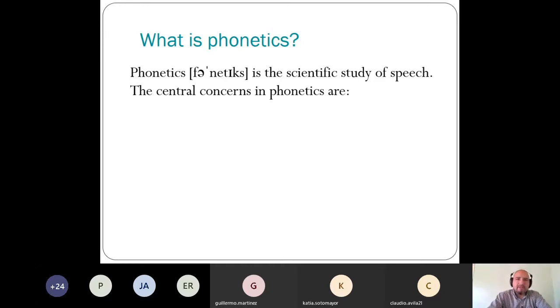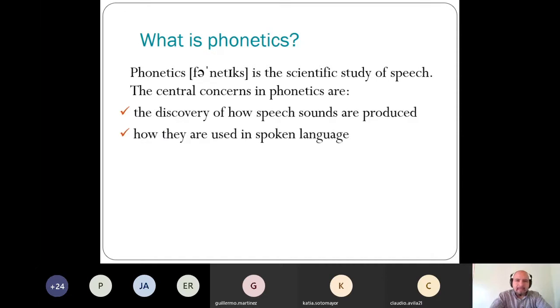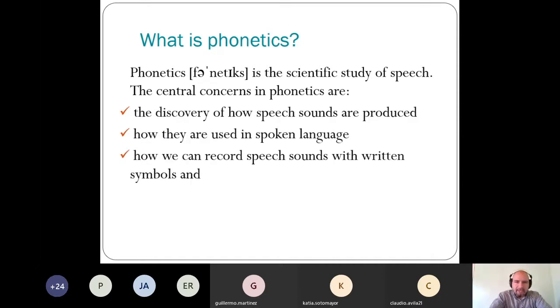The way sounds are produced, the way sounds are identified by the listener, and the way sound waves travel in the air and reach the listener. So how sounds are produced, how sounds are written or transcribed using these very strange symbols that we're going to call phonemic symbols, and how are we able to recognize these sounds?